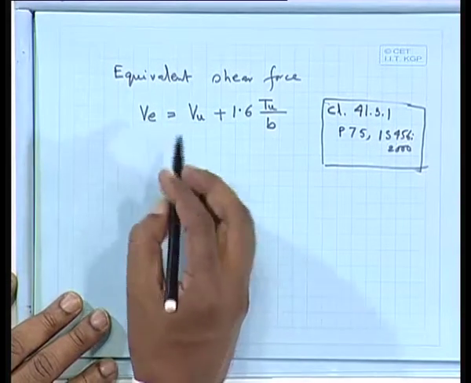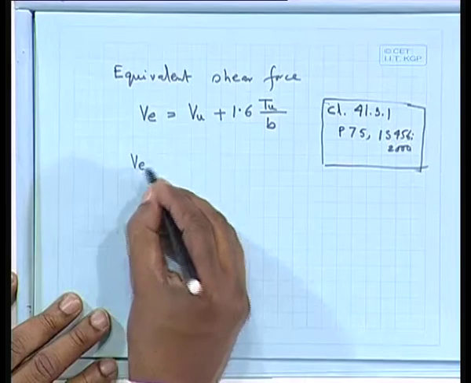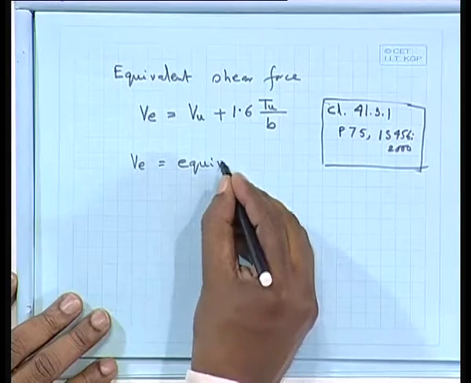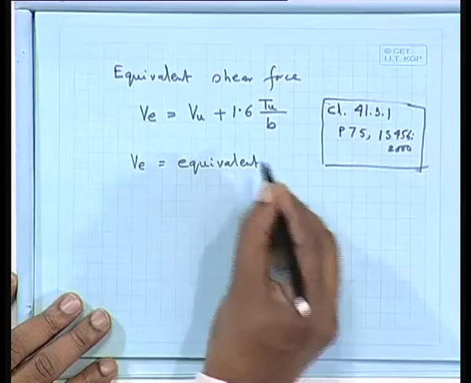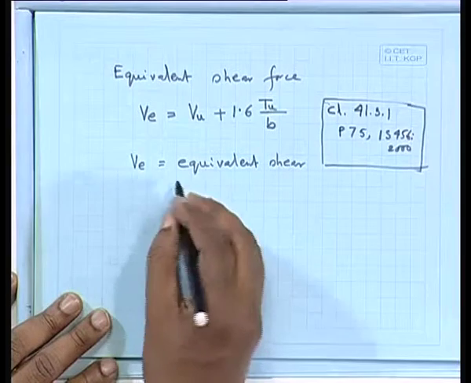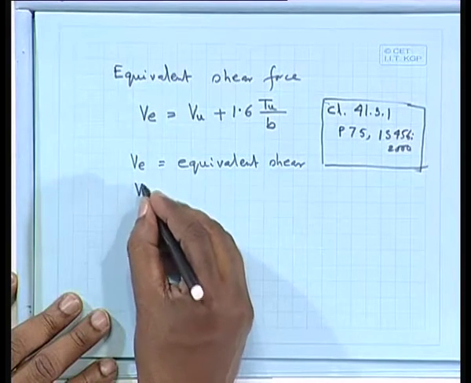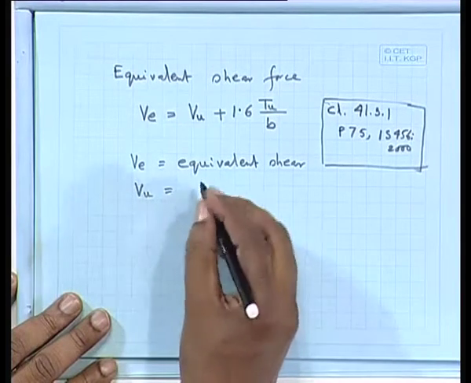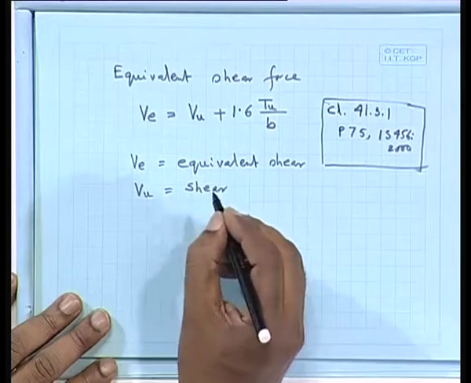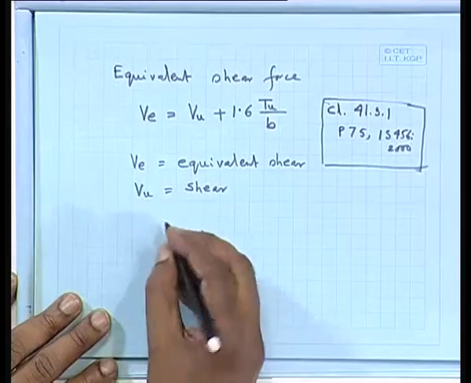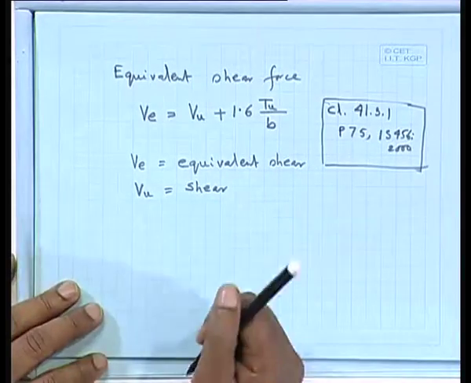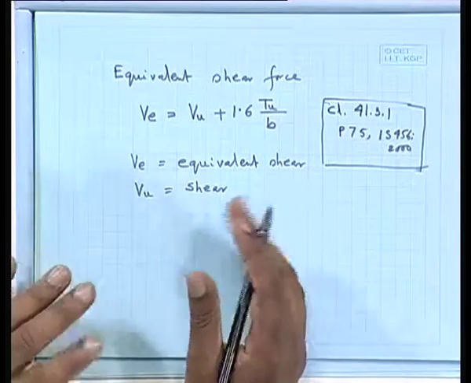So, VE is the equivalent shear. VU is the shear developed due to your applied load, whatever is coming in the usual way; it will come from the analysis also, that we shall do in the next few classes, for a total frame.